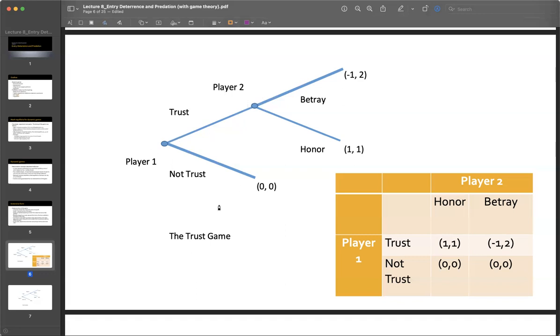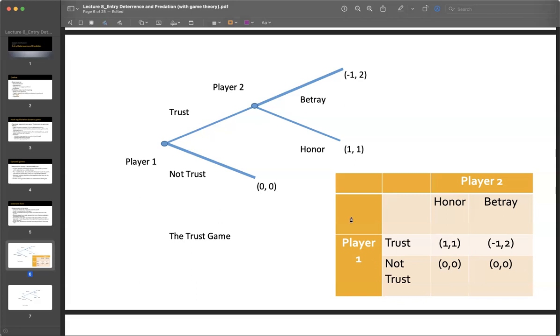In each node, there are branches which are labeled with actions: trust, not trust, and for player 2, betray or honor. At the end of player 2's node, these are the payoffs, which means the game ends after player 2 acts. In the usual sense, before extensive games, we would show this game as a matrix. I think this is called the normal form. If this is the extensive form, then this is the normal form.